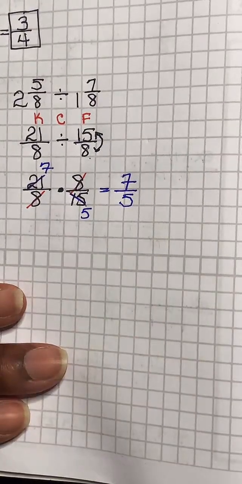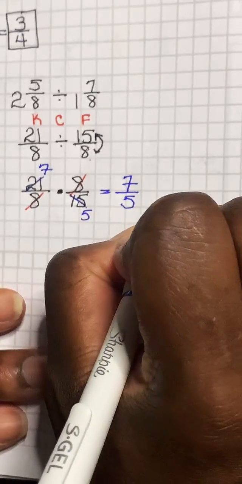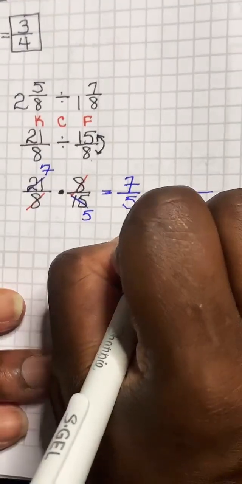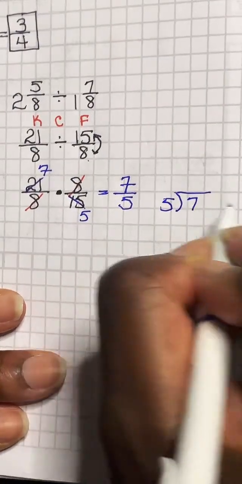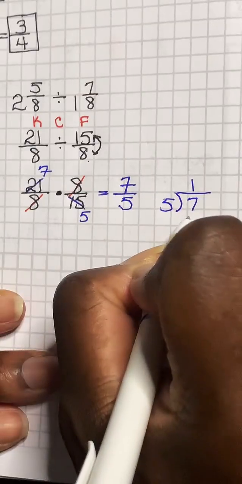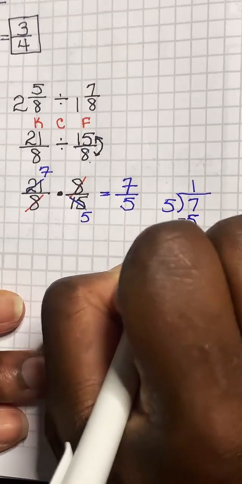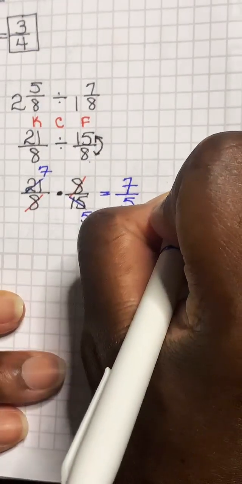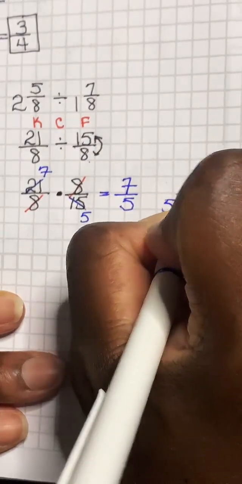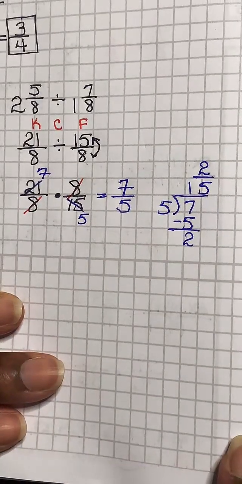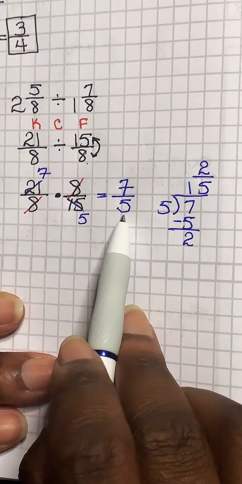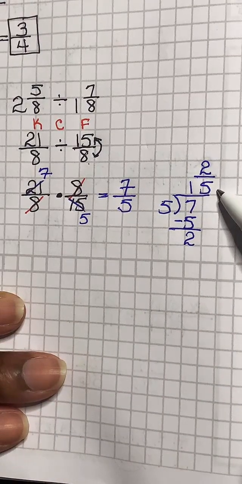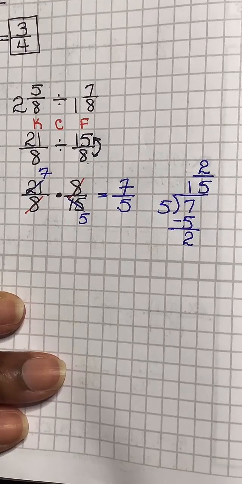And if we want it as a mixed number, we could do the division, or we can pull out one whole if you want. So I know there's one whole. 7 minus 5 gives me 2. So I'll have 2 fifths as a remainder. So you can leave it as 7 fifths, depending on your answer choices, or change it to a mixed number, which is 1 and 2 fifths.